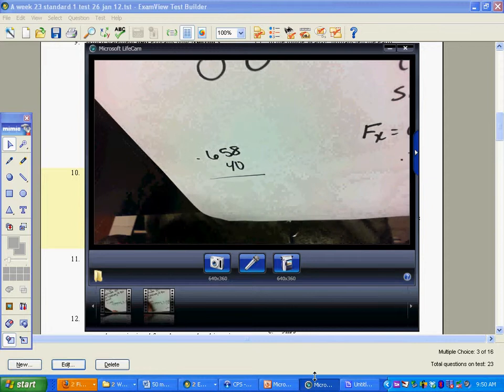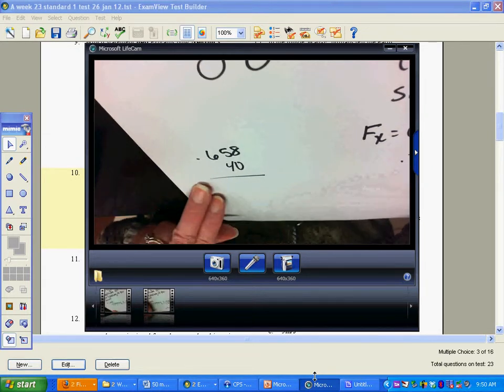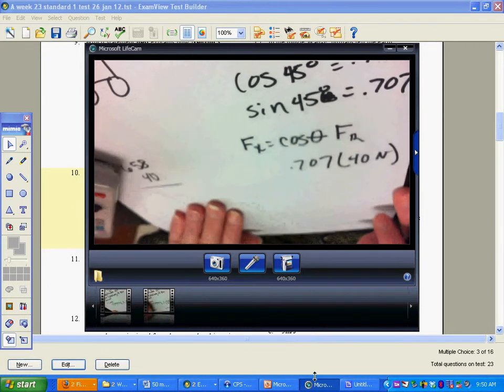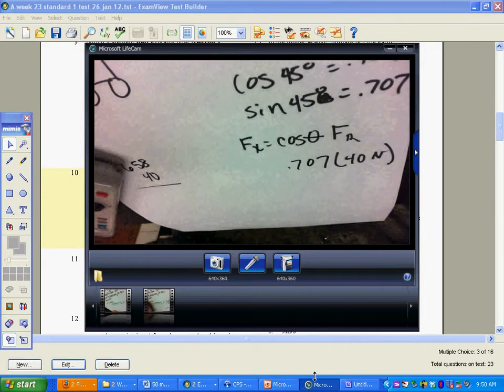The only thing is, remember, when you're doing multiple choice, you can pick out the right number a lot of times without doing the whole thing. Because, see, over here, we had 0.707. So we know that 7 times 4 is 28, right?